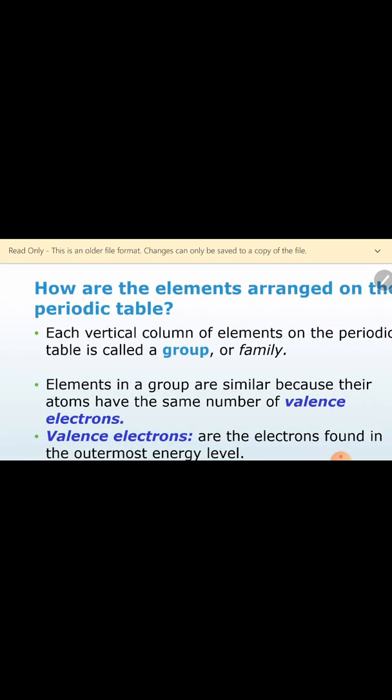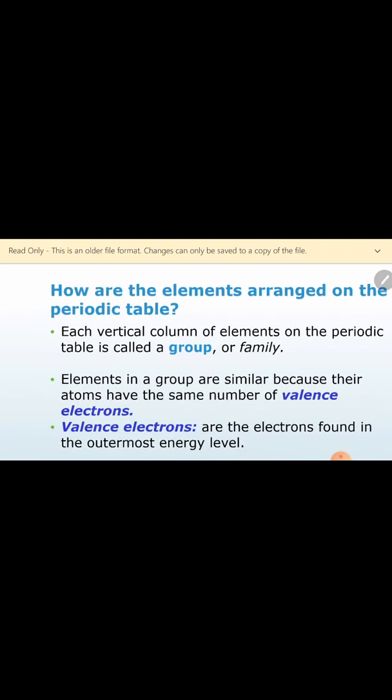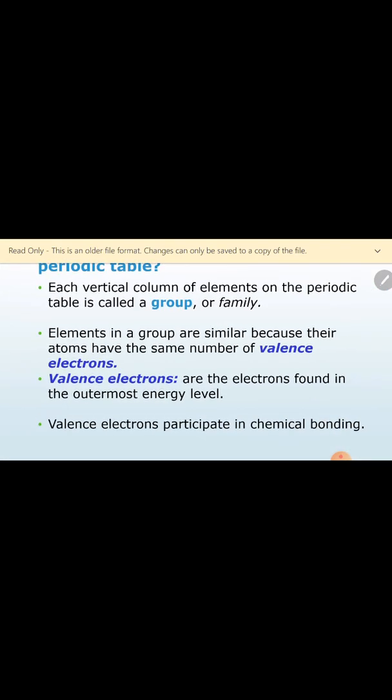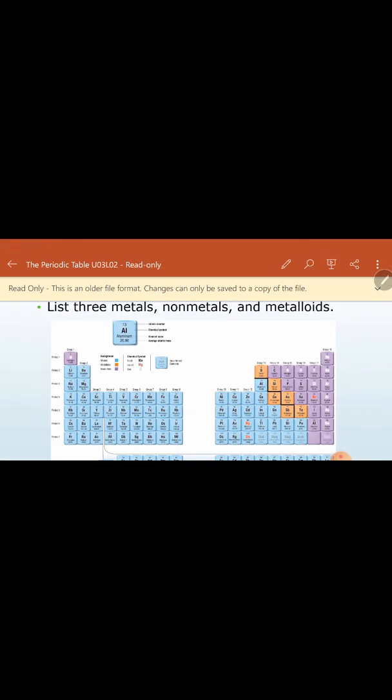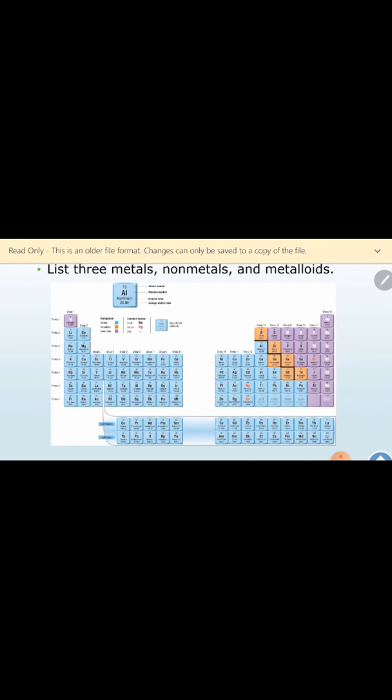Now we will move to talk about the second part of the lesson. We will talk about groups today. What is the meaning of a group? Look at the periodic table as you see here. We can look at the elements as periods. What do we mean by periods?